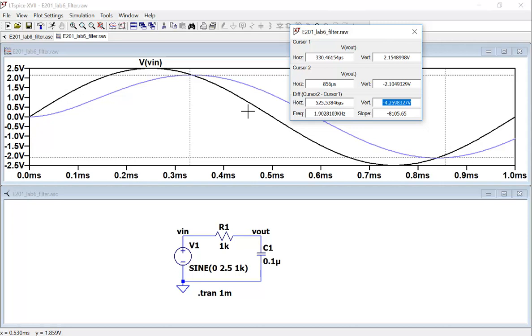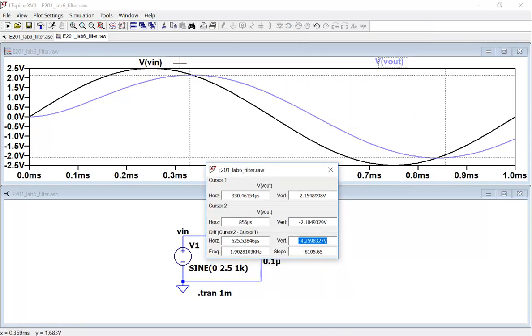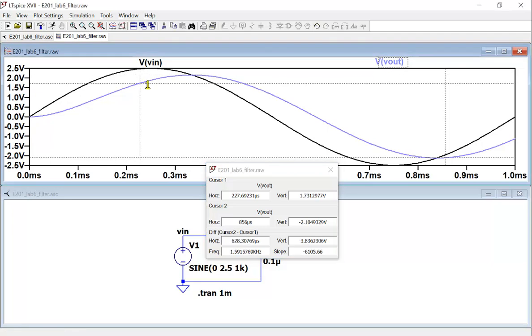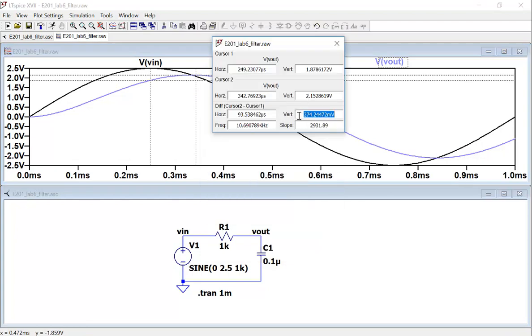What about the phase? The phase change. I just showed you how to measure the phase change on the oscilloscope. For example, you are pointing to here, to the input, and then you point to the peak of the output, so you can look at the delta T, which is this one.